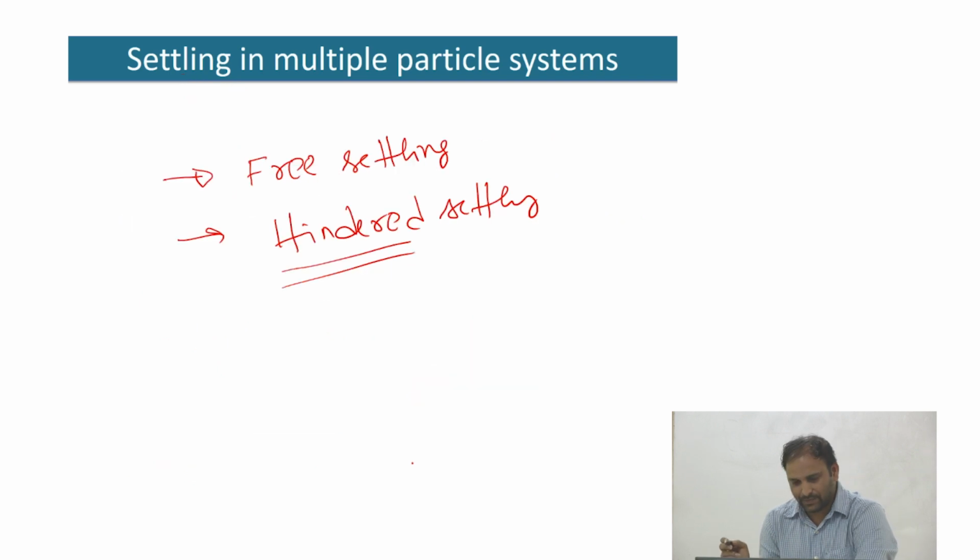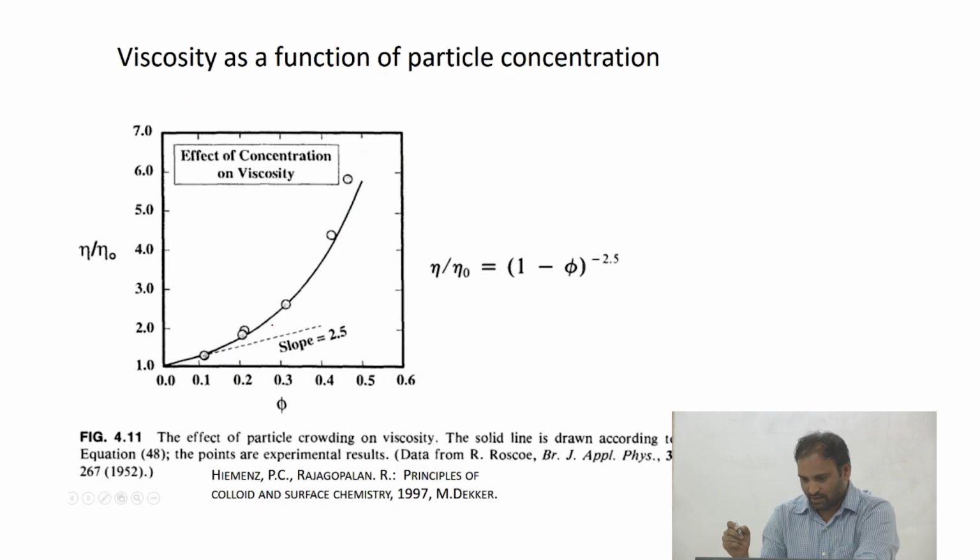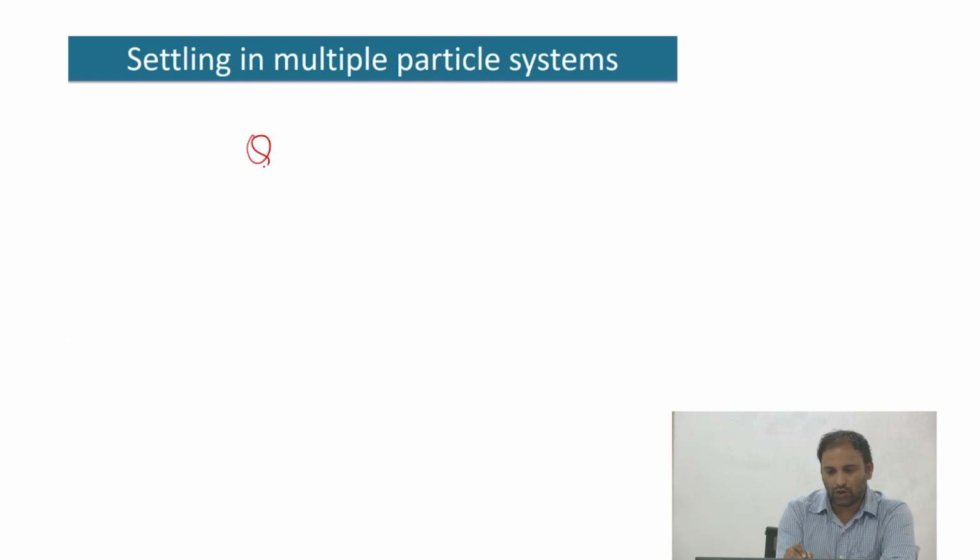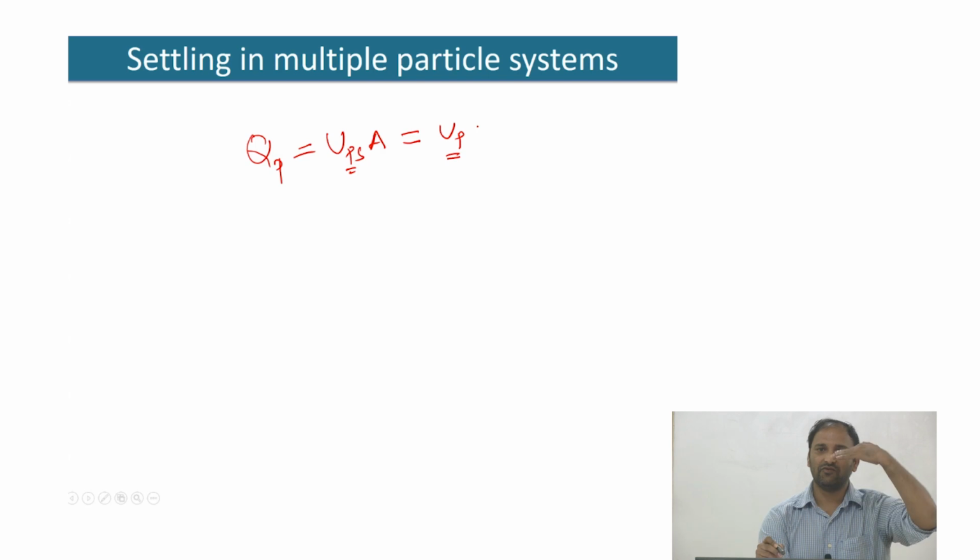Which basically is, if you say that your QP is U particle superficial times A, that is equal to U of just the particle times the area that is available for the particle to settle.